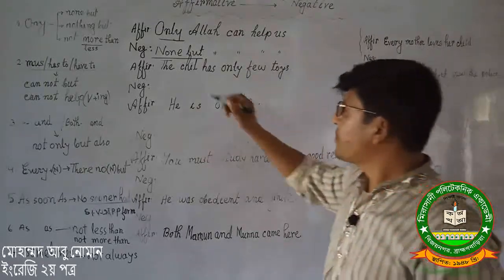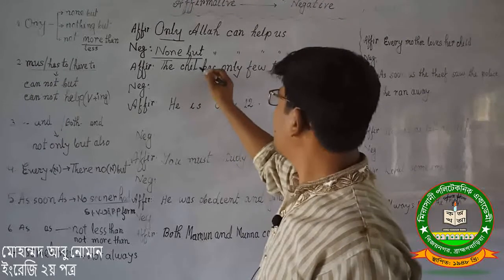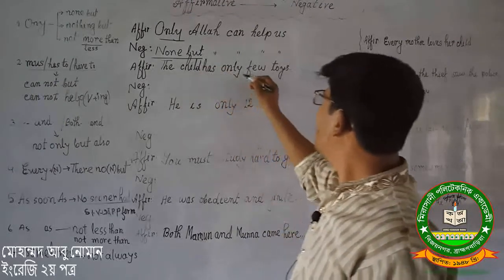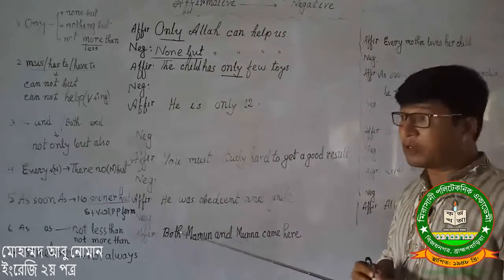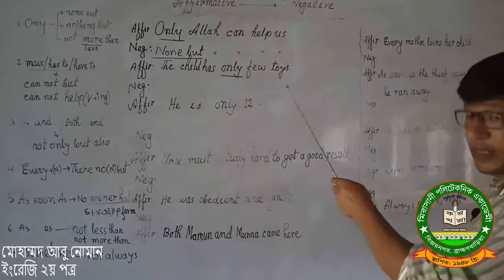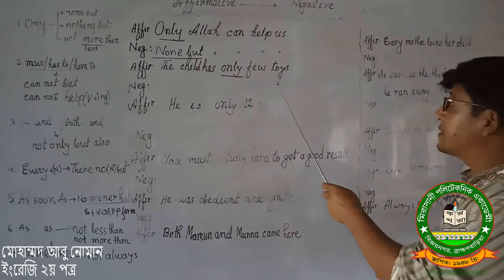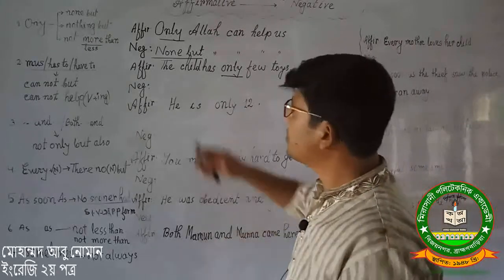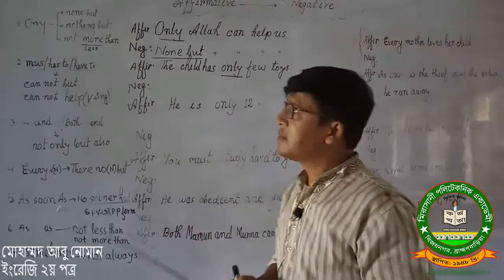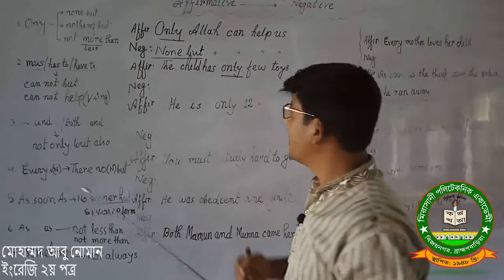Second sentence: The child has only a few toys. Here only indicates the toys. They are materials, toys. So we have turned this word into nothing but.